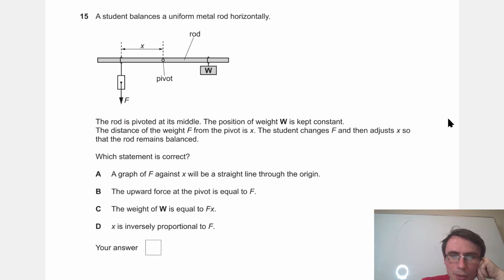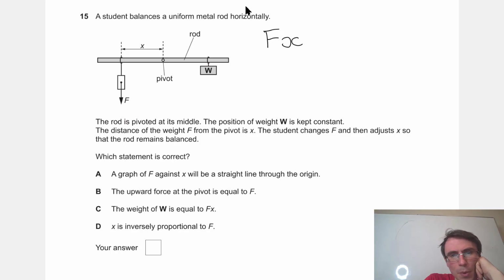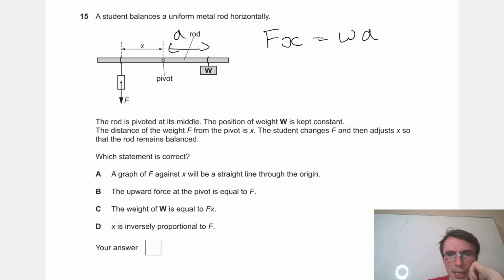Which statement is correct? Before I even read the statements, I know that F times x, the moment due to the force, has to be equal to W multiplied by whatever distance this is. We'll just call that d for the time being.